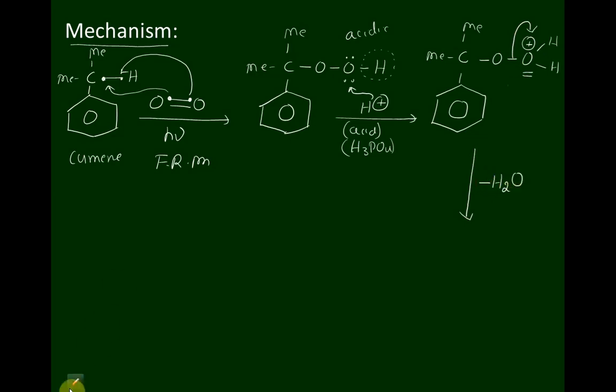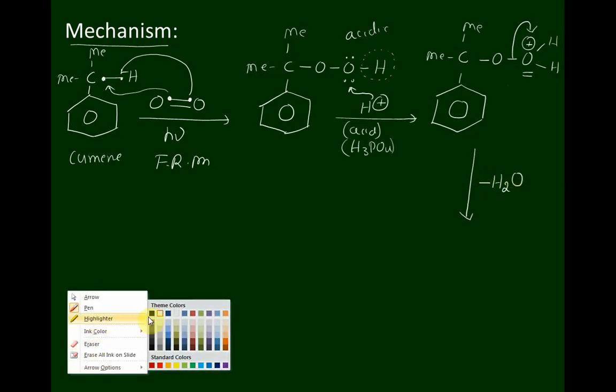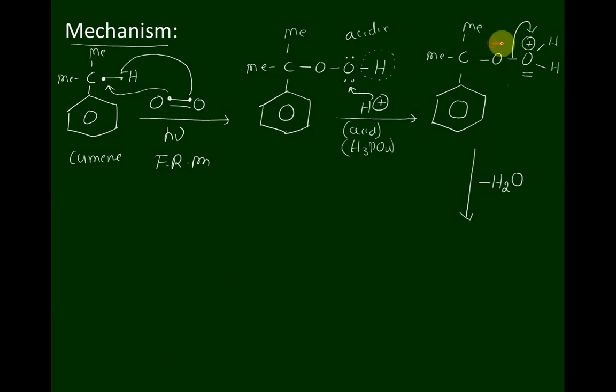Now what happens? This oxygen atom carries a positive charge by donating the electrons. So to retain the positive charge, either it has to drag the CH3 group towards itself, or it has to drag the phenyl group towards itself.